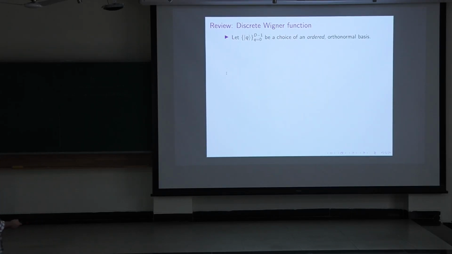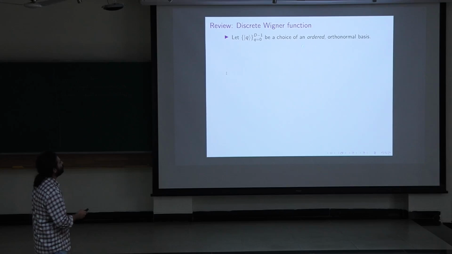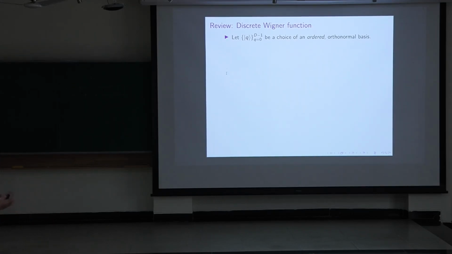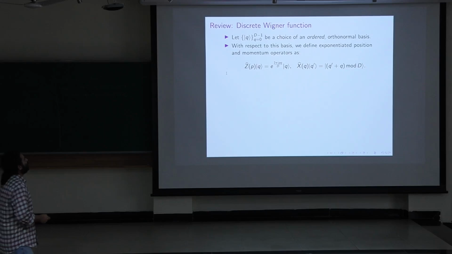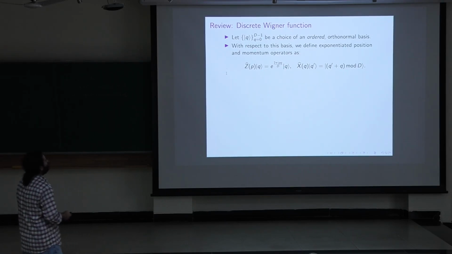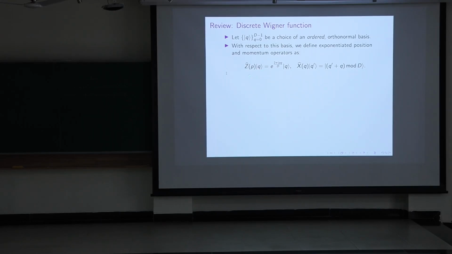So the way you go about defining this Wigner function is that you first make a choice of an ordered orthonormal basis. Orthonormal basis is of course clear, but by ordering I mean that there's a zeroth vector, a first vector, a second vector, and so on. So there's an ordered orthonormal choice of basis for the Hilbert space. And then with respect to that choice of basis, you define what you might think of as the exponentiated version of the translation operator and the exponentiated version of a momentum operator.